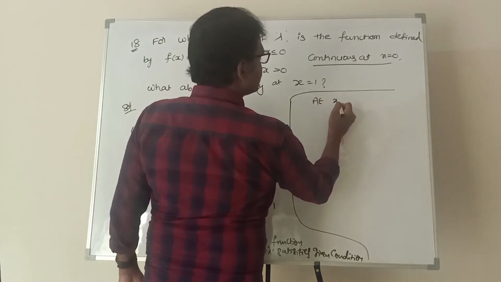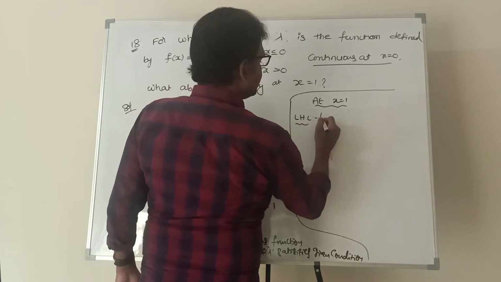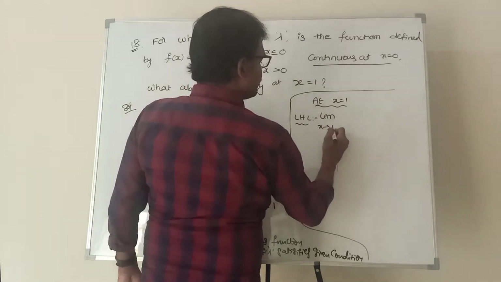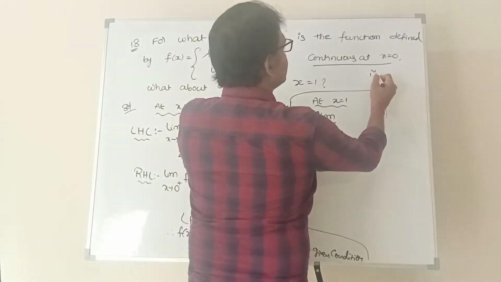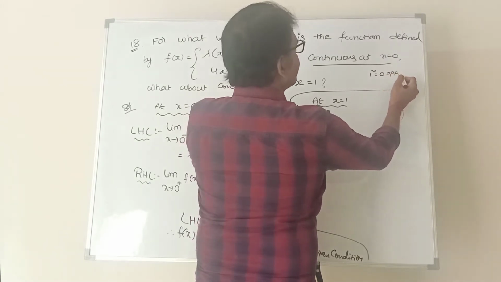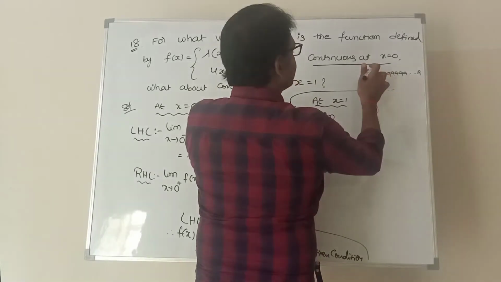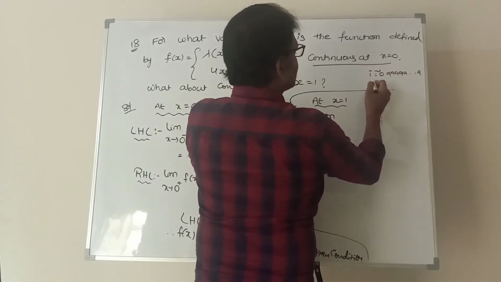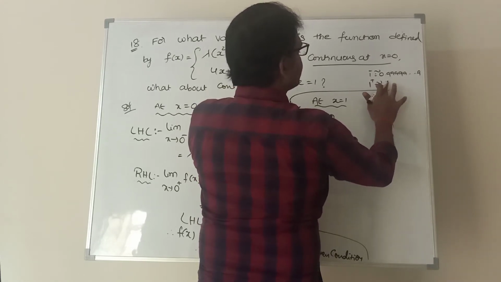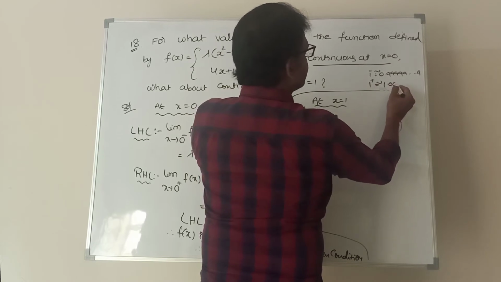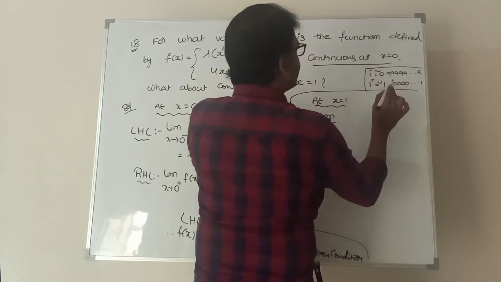At x equal to 1, the left hand limit, x tends to 1 minus, means approximately equal to 0.99, a neighborhood value of 1 but not equal to 1. 1 plus means approximately equal to 1.0000 and so on 1, just greater than 1. This is the value of 1 minus and 1 plus.